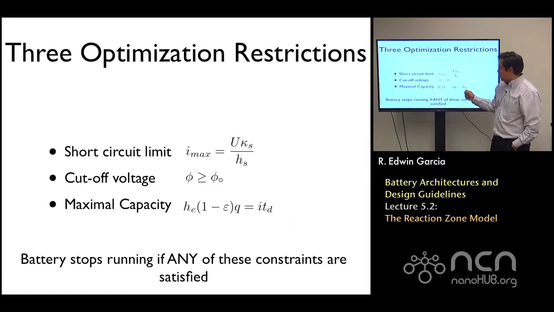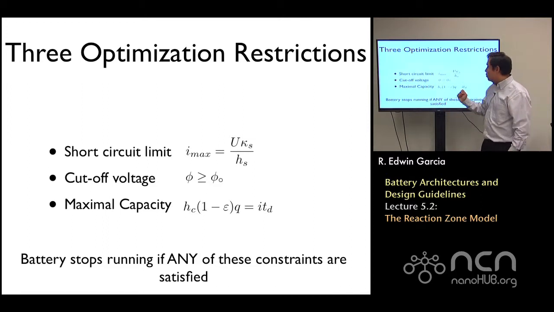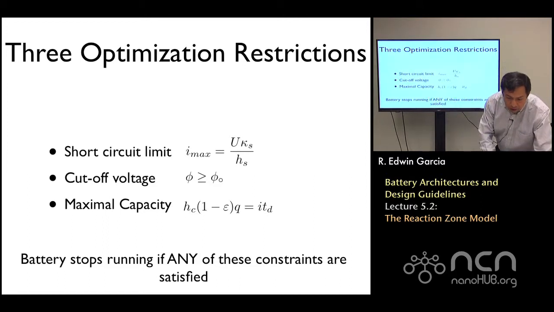We specify that condition by defining TD as having reached, basically x of r has reached h sub c, and there's really not much to do after that. So whenever any of these three has been reached, then we can call the battery discharged, and those are the restrictions.